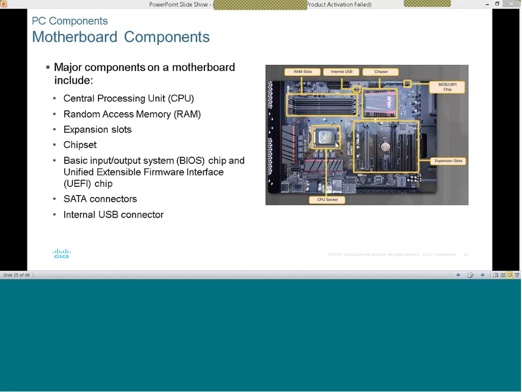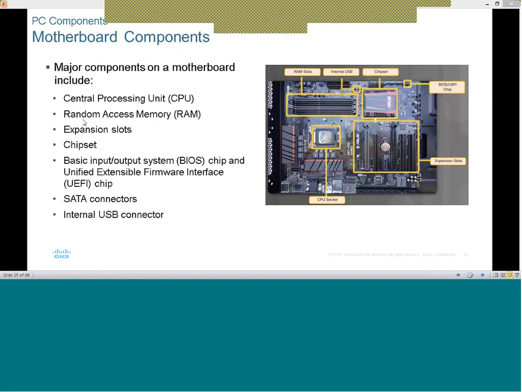The higher the number of transistors, the faster the CPU, and the more expensive the system. So in most cases, the capacity of the CPU also determines the cost of the computer itself.